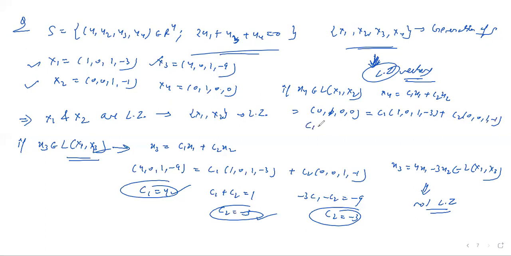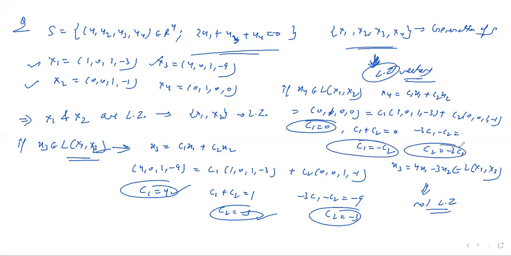From this I got that c1 equals 0, c1 plus c2 equals 0, and -3c1 minus c2 equals 0. So c1 equals -c2, and c2 equals -3c1. This is a contradiction. These are inconsistent equations. So x4 does not belong to L of x1, x2 because it is not spanned by these vectors. So x4 is linearly independent.